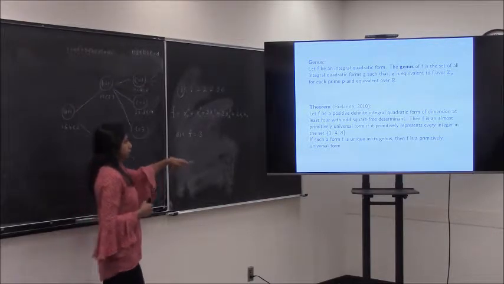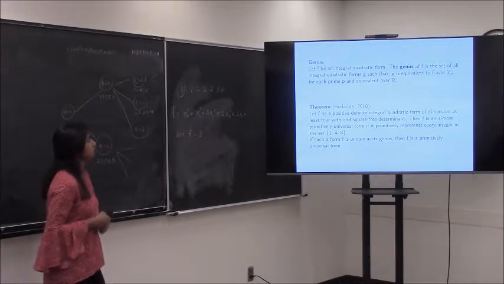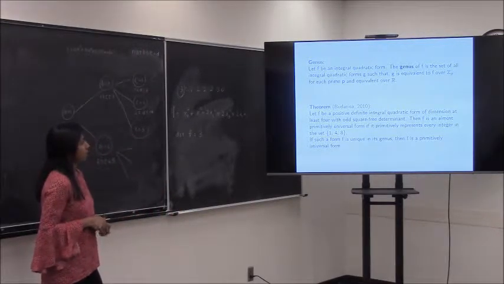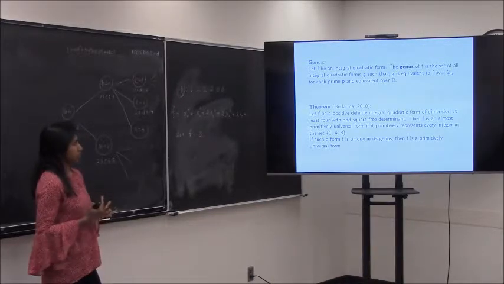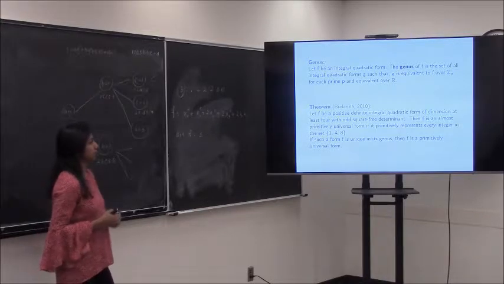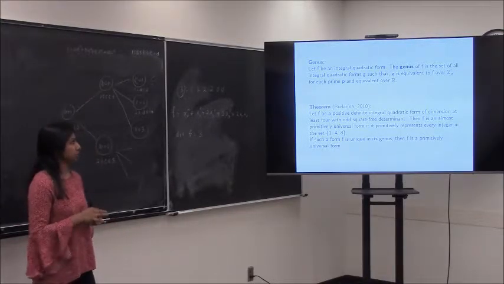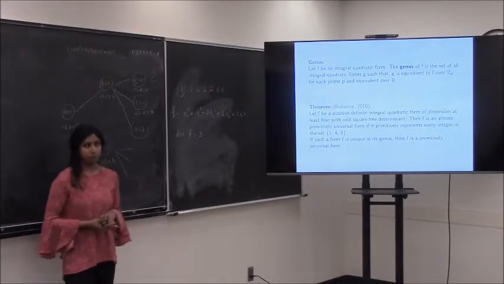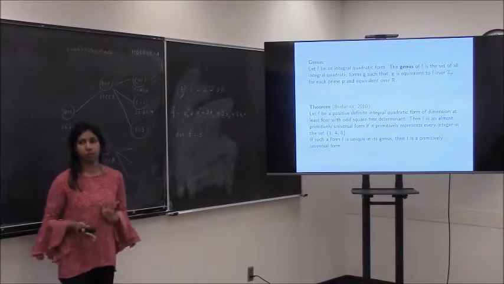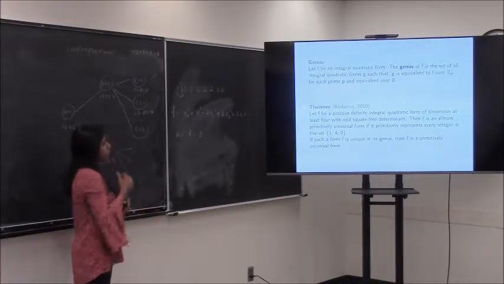So before I go to the theorem, I will introduce what a genus is. When we have an integral quadratic form F, the genus of this form is the set of all integral quadratic forms G such that G is equivalent to F over Z_p for each prime p, and it is equivalent over R. So then let's come to this theorem.